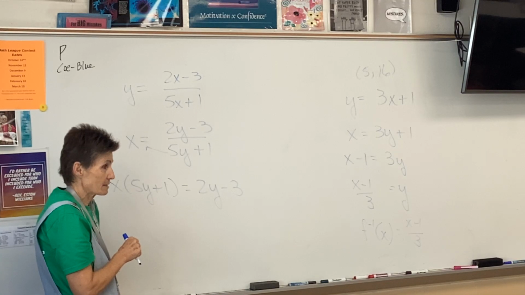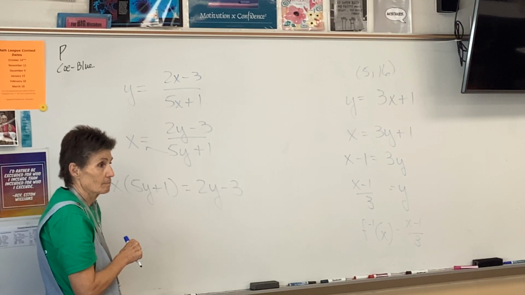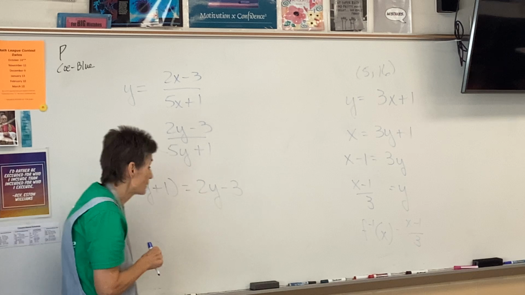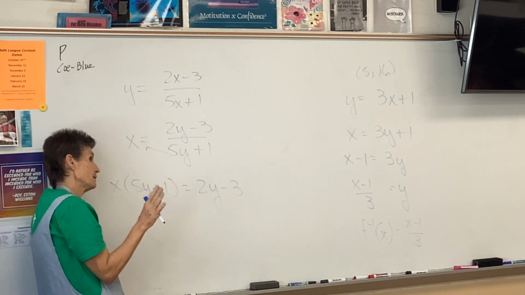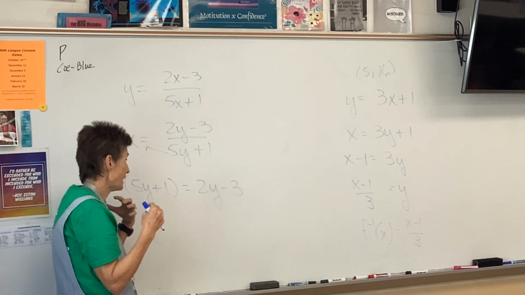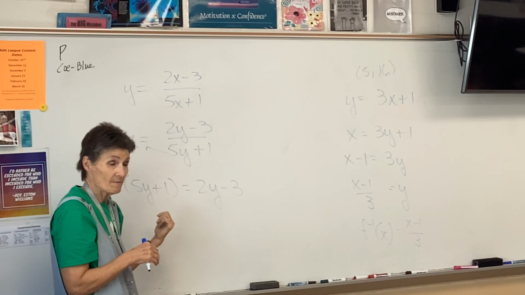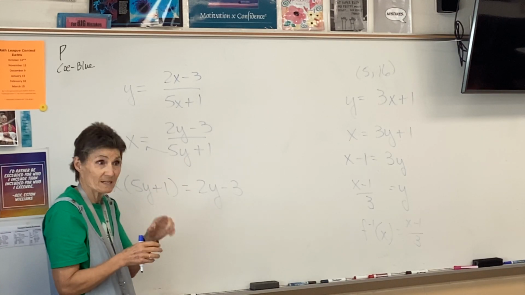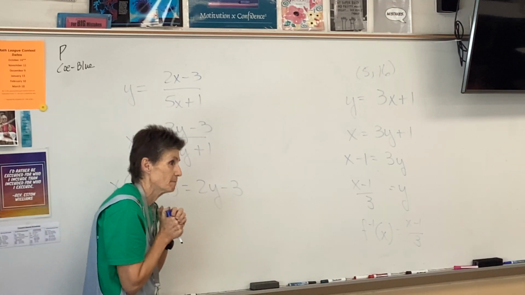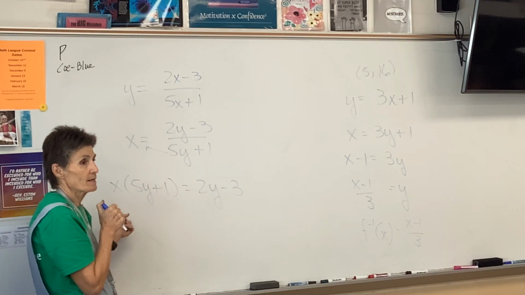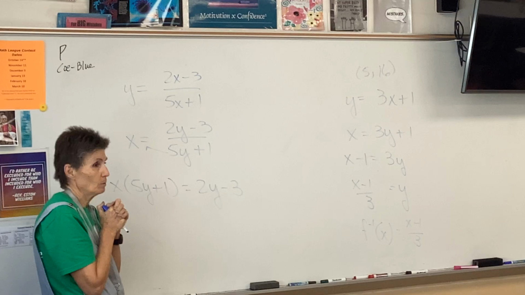Now what makes sense? Okay, let's talk about that for a minute. Eli says I can add 3 and then divide by 2, and then it would have y by itself. And he's right, except what? There's another y. That's trouble.